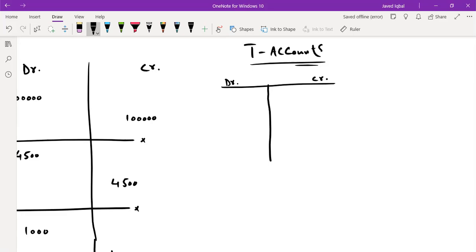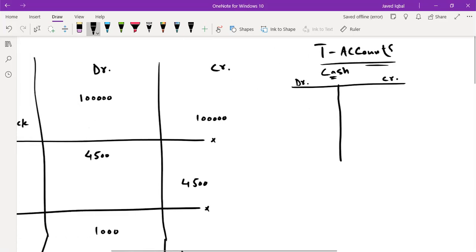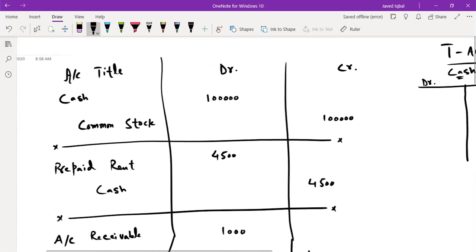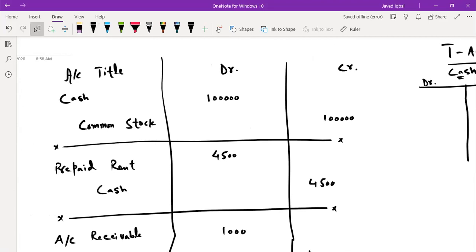And the first and foremost account is your cash here. So these T accounts are unique accounts of every title we have used here. Every account title should have a T account or a ledger account in most practices.